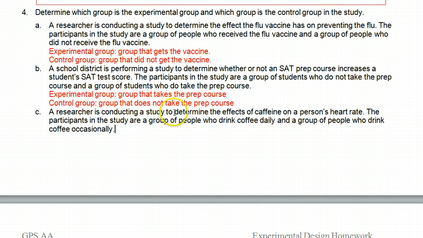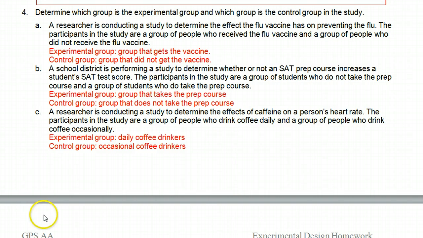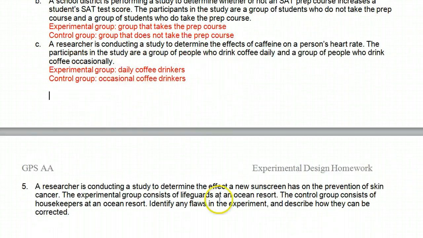If they're trying to determine the effects of caffeine, then the experimental group, if I had to choose, will be the group who drink coffee daily, and the occasional coffee drinkers are the closest thing to non-coffee drinkers. A pure experiment and control would be coffee drinkers and non-coffee drinkers, but this is as close as we can get.